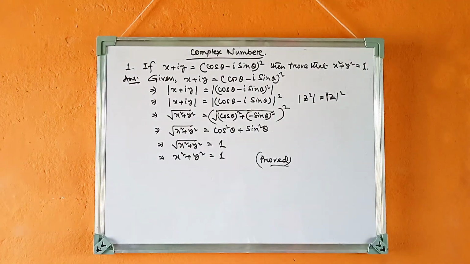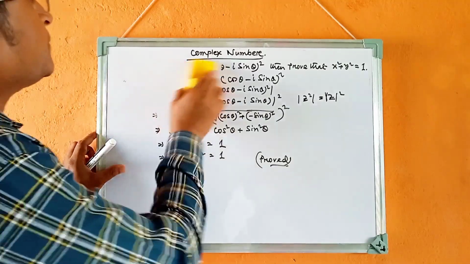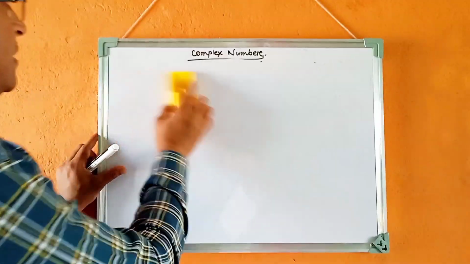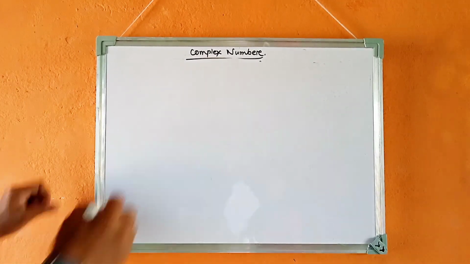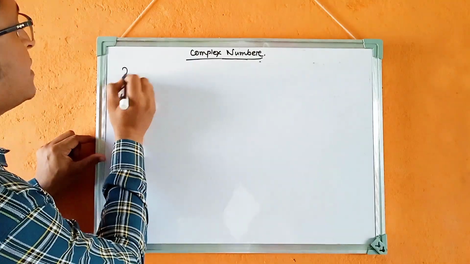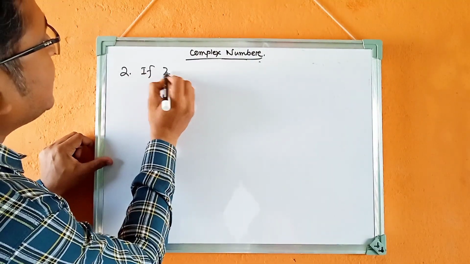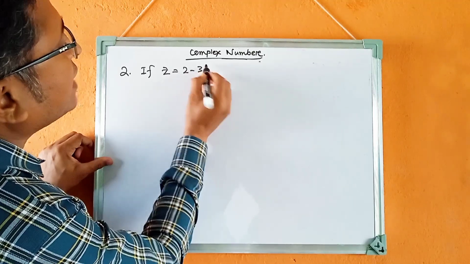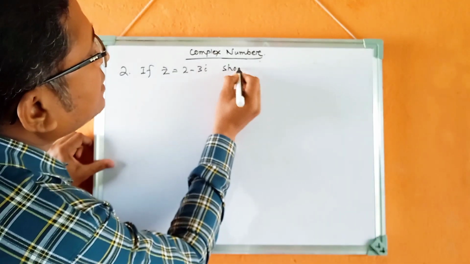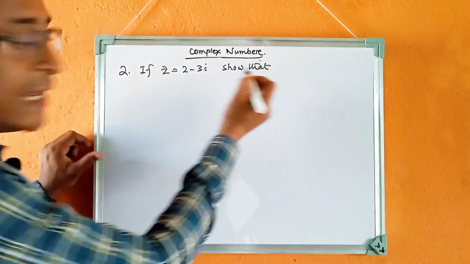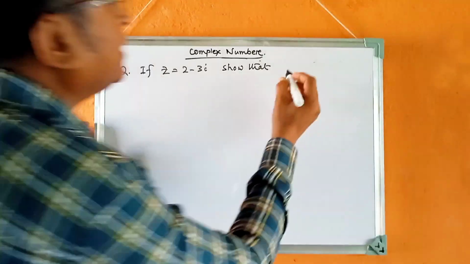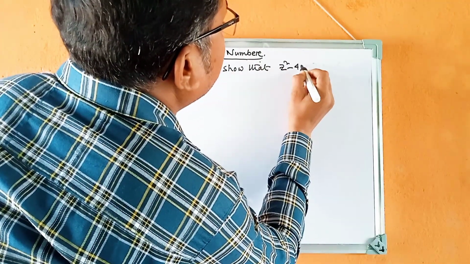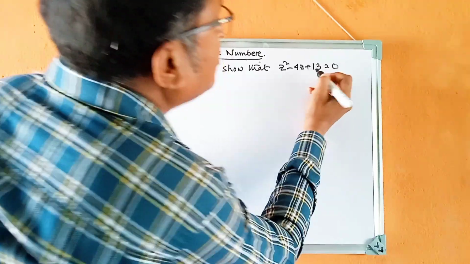Clear everyone? Now second sum. See the second sum. This is sum number 2. If z equal to 2 minus 3i, then show that z square minus 4z plus 13 equal to 0.